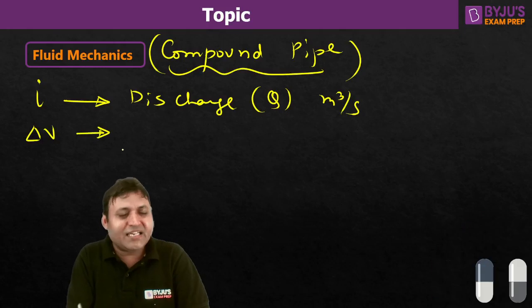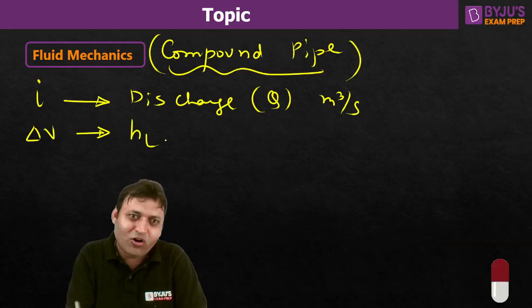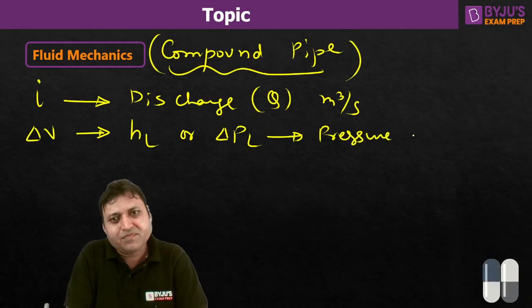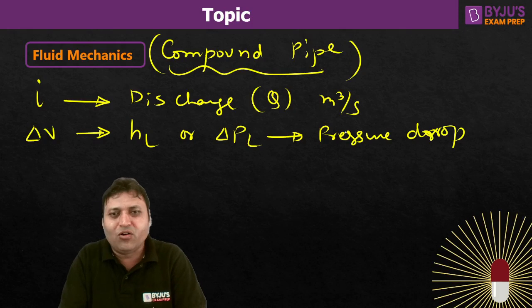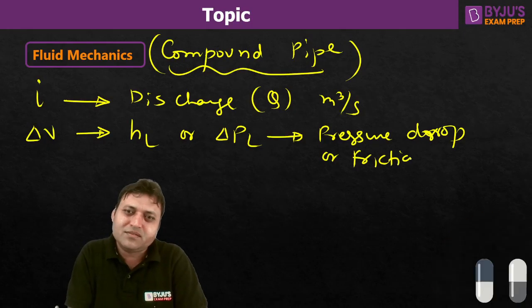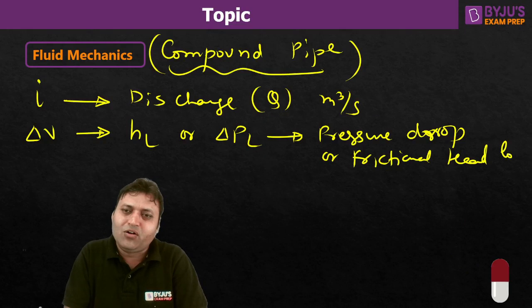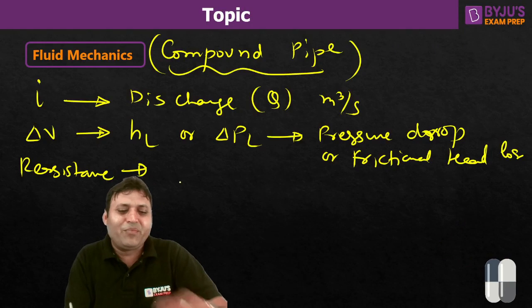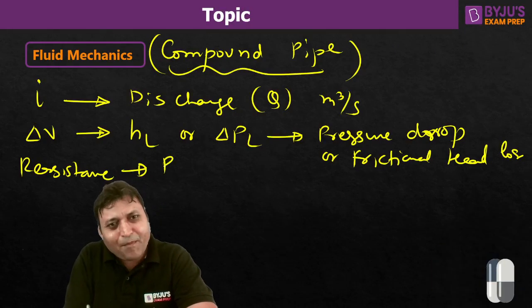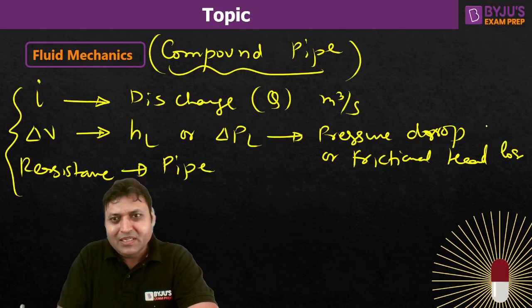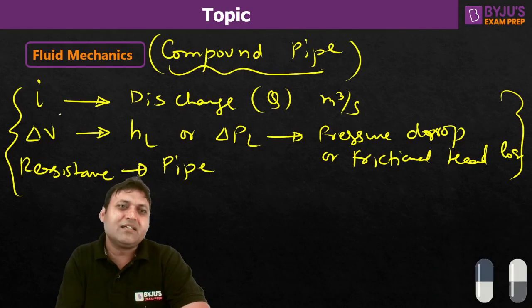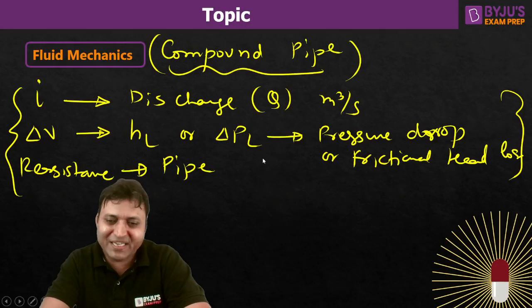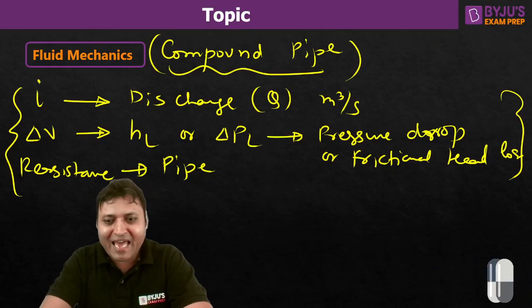Delta V, potential difference, can be replaced by the frictional head loss or delta P, pressure drop, and resistance will be replaced by the pipe. The analogous parameters are discharge, head loss, and the pipes. All the concepts which we have discussed can be used for analyzing the circuit diagram.